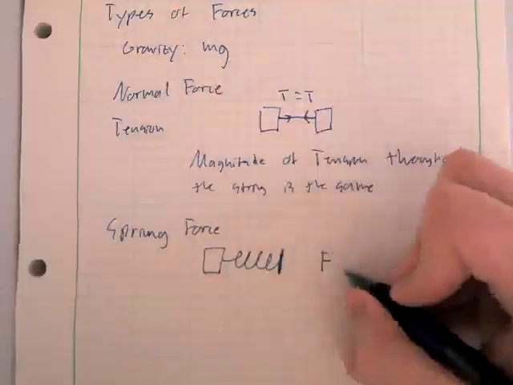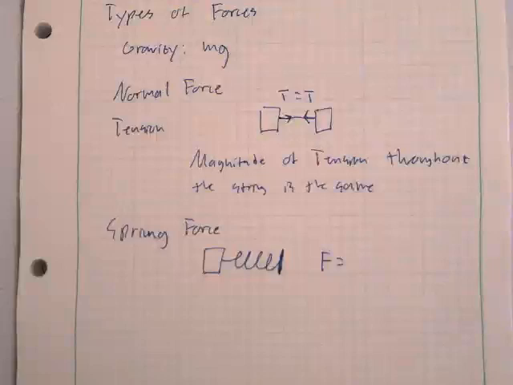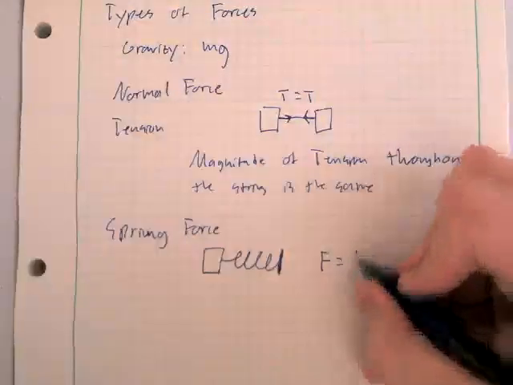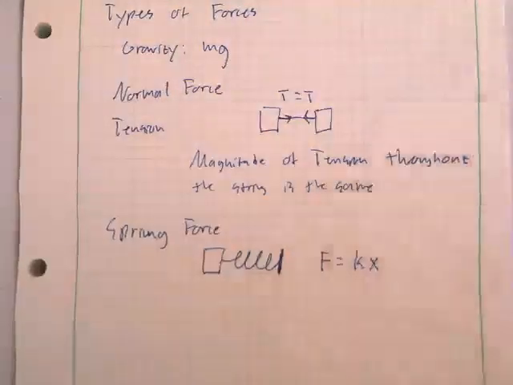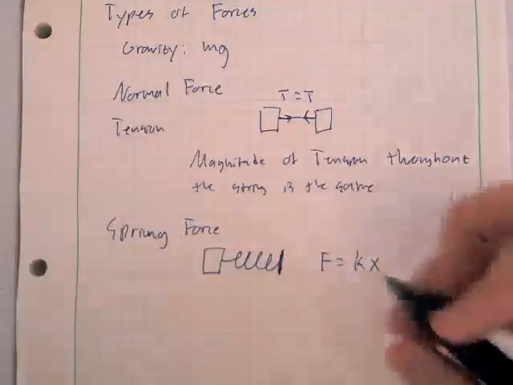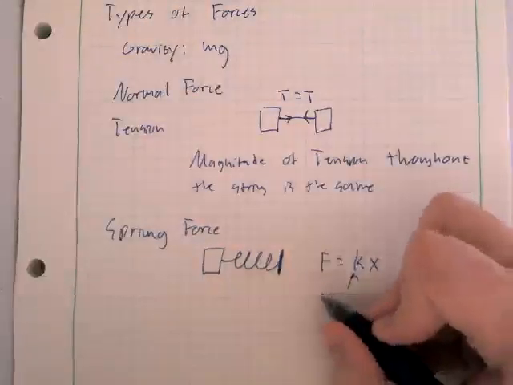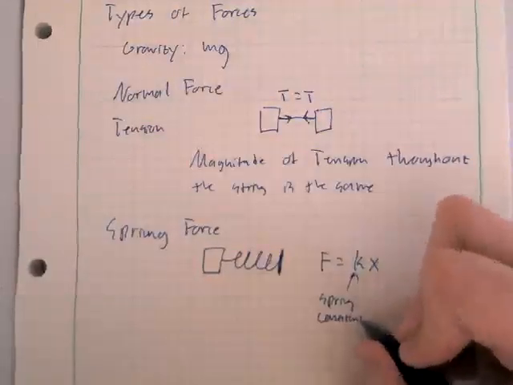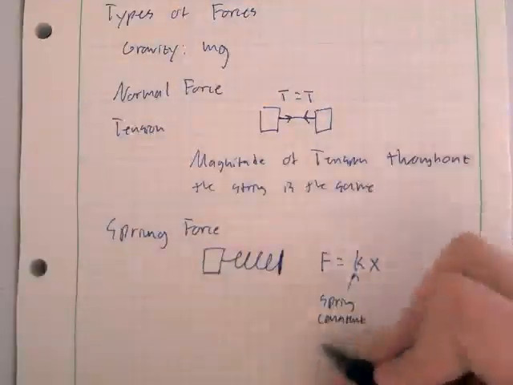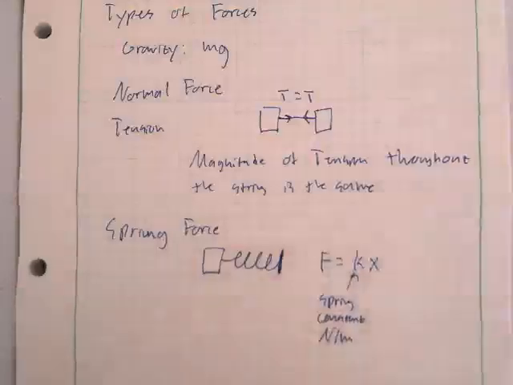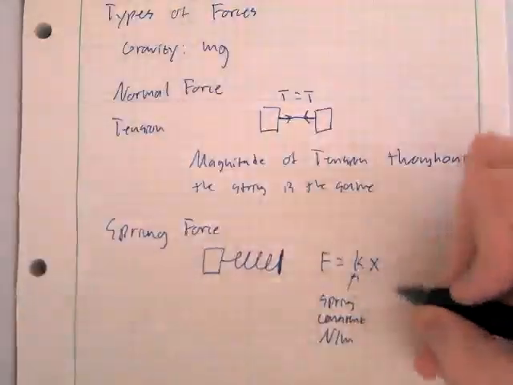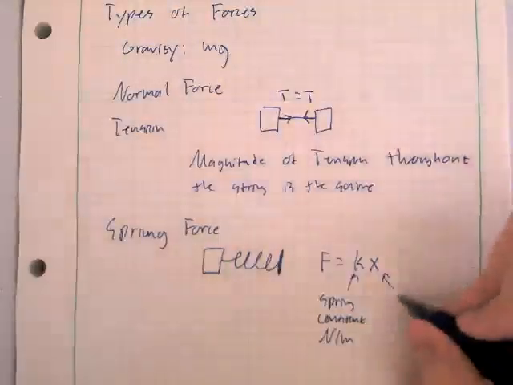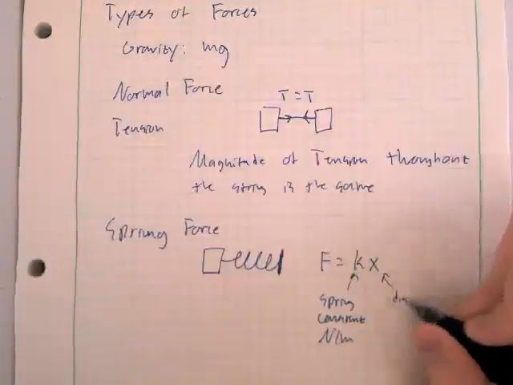The magnitude of the spring force is going to be equal to kx. What is k? k is the spring constant. The units of this are in newtons per meter, and then x is the displacement, right?